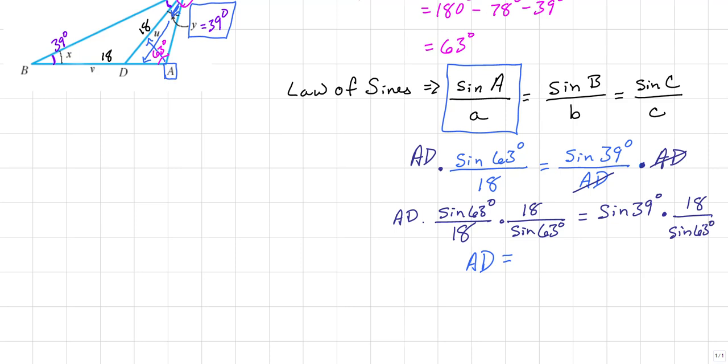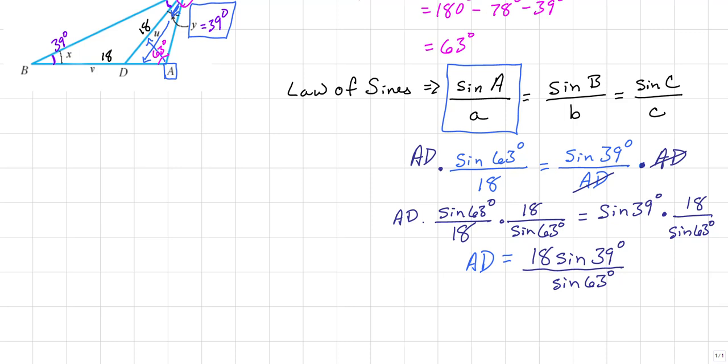Which means that the length AD is simply going to be equal to 18 sine 39 degrees over sine 63 degrees. And I will enter that into my calculator, making sure that my calculator is in degree mode and not radian mode. And that's an easy mistake to make.